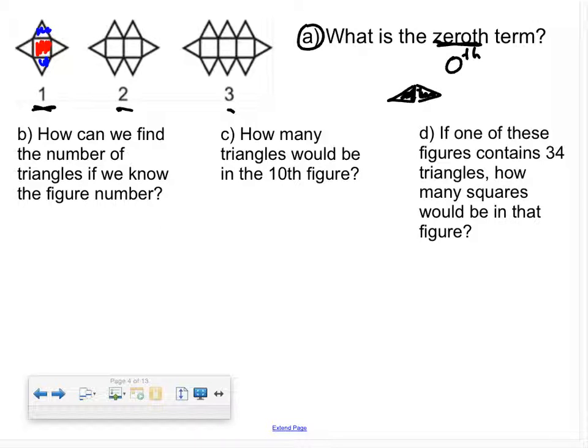How can we find the number of triangles if we know the figure number? If we know the figure number, we'll know how many squares there are, because figure 1 has 1 square.